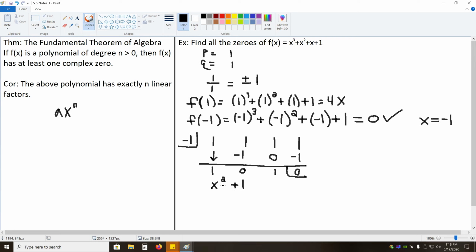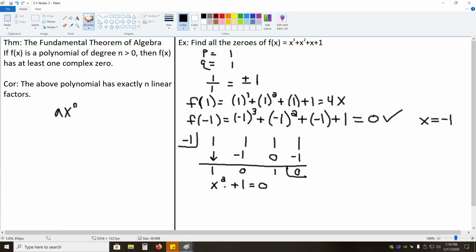So at this point, we need to break down x squared plus 1 to find the other 2 zeros. We know that this result has to equal 0 to find our zeros, not rational, but just our zeros.